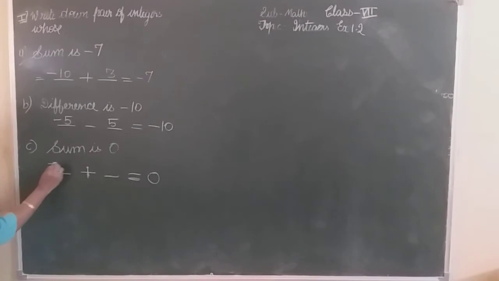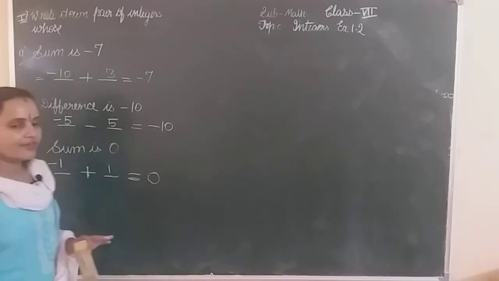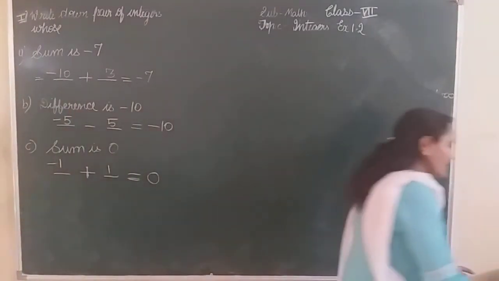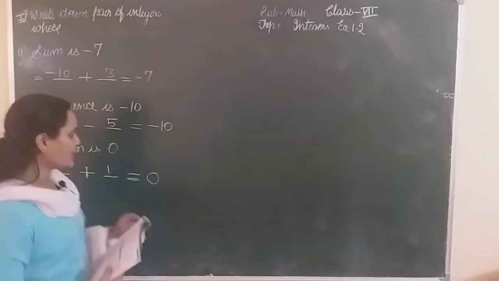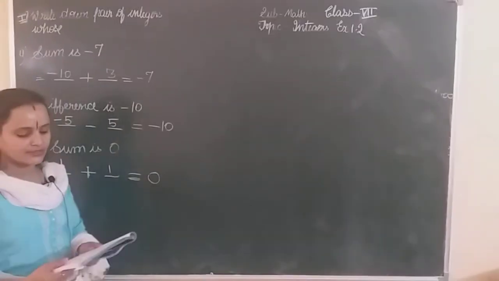So -1 plus 1 is 0. You can take 2 also, -2 plus 2 is 0. If you take 3, -3 plus 3 is 0. So any two numbers, but one should have a negative value and one a positive value. When you add it, by applying the rule of integers, the answer would be 0.